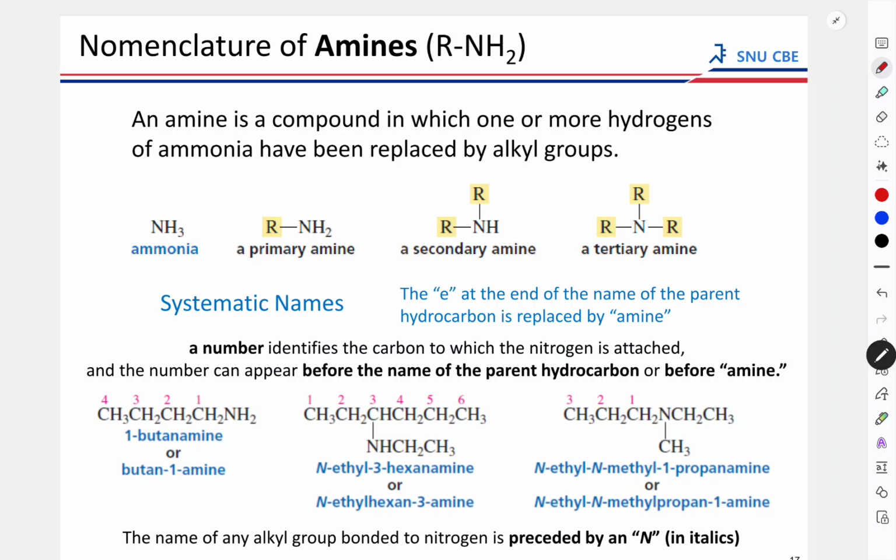And you have two alkyl moieties, ethyl and methyl, and E should come first, then M of methyl. So capital italic N-ethyl, capital italic N-methyl. That means you have this ethyl and methyl on this propanamine. And of course, the number 1 position, the carbon position attached to nitrogen, can go in the central position between the hydrocarbon and amine.